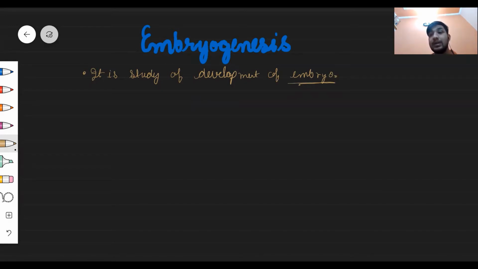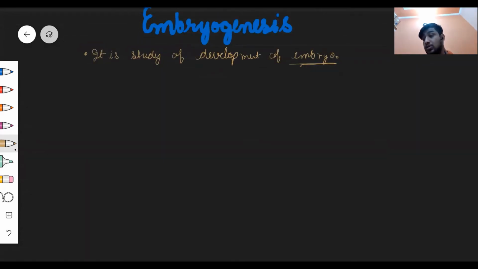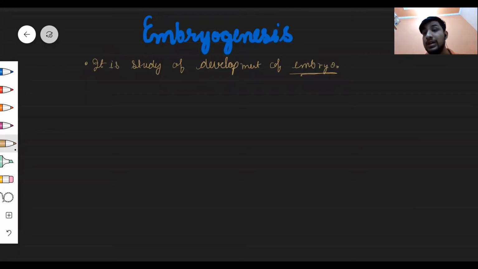A single cell product formed after the fertilization, and then the zygote started its cleavaging and dividing itself, forming the morula, blastula, and then going for the implantation, and implantation leads to the pregnancy. So embryogenesis is the study of the development of the embryo, how the embryos develop and from where it is implanted.